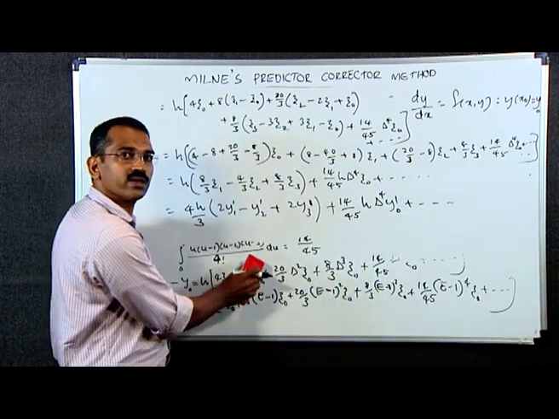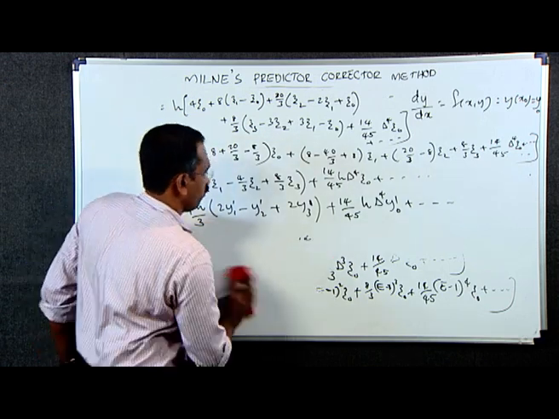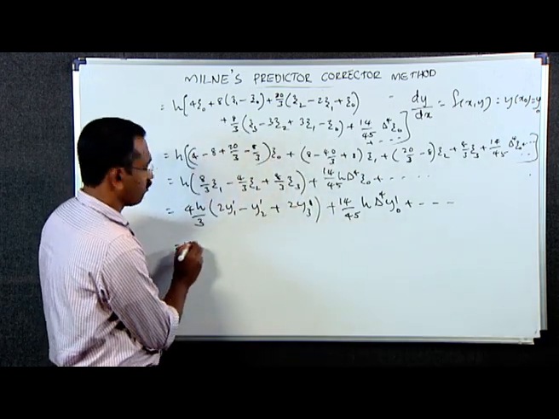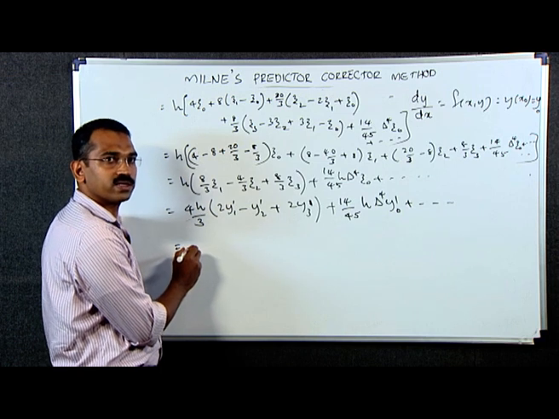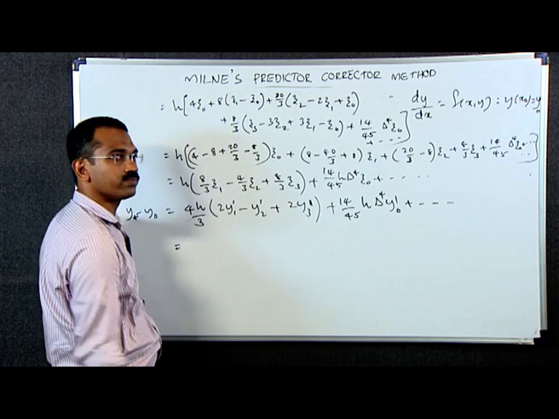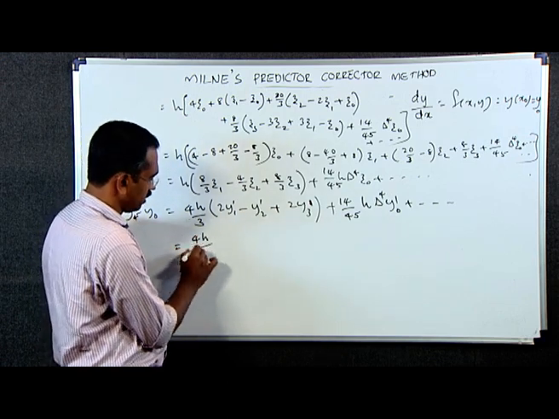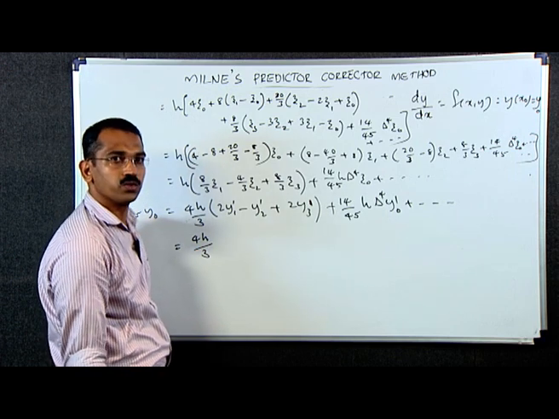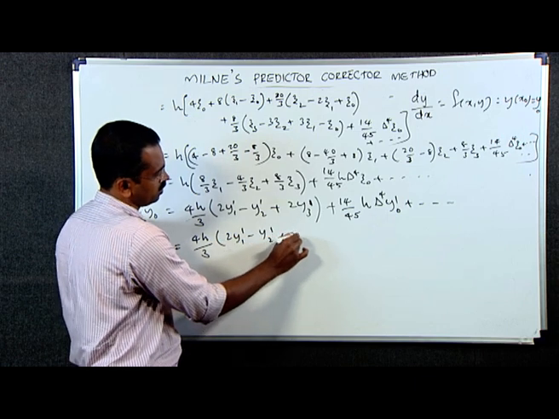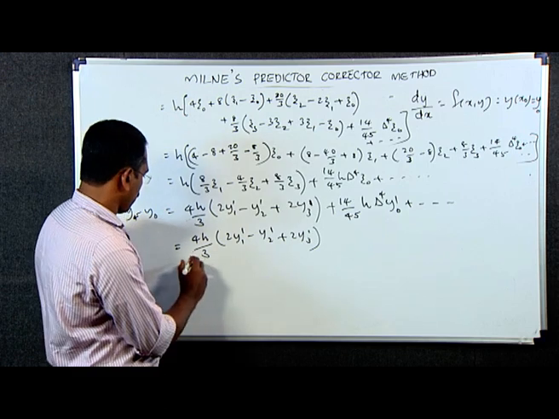Neglecting the fourth and higher order differences, we can write this as 4 h by 3, here y4 minus y0. This is equal to 4 h divided by 3 into 2 y1 dash minus y2 dash plus 2 into y3 dash.